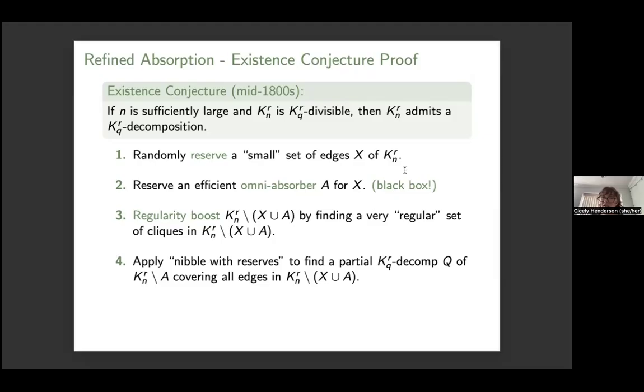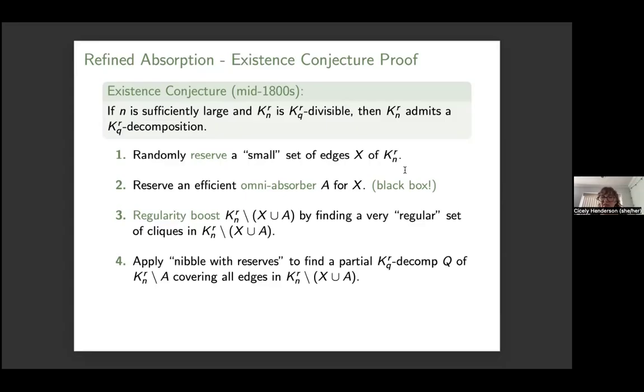Next, they regularity boost what's left in the clique besides what we've already reserved. We've reserved X and we've reserved A. So we regularity boost what's left to find a very regular set of cliques. And that's because in the next step, we apply nibble with reserves, this sort of algorithmic result that allows you to find a partial decomposition.